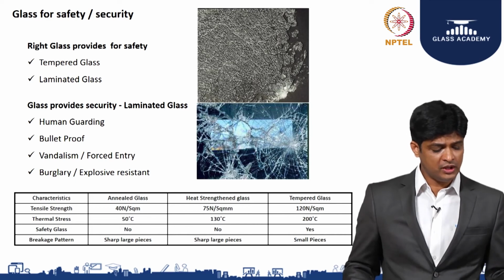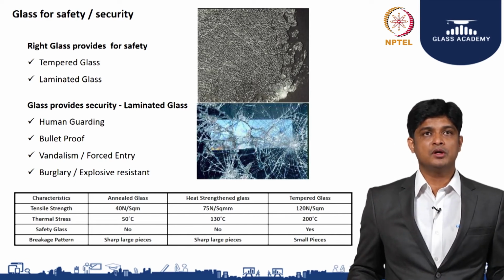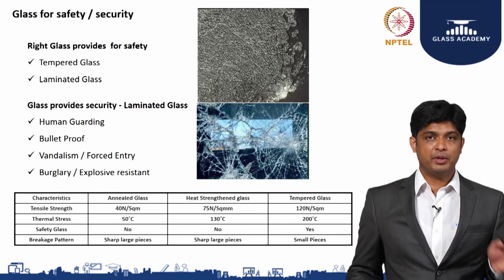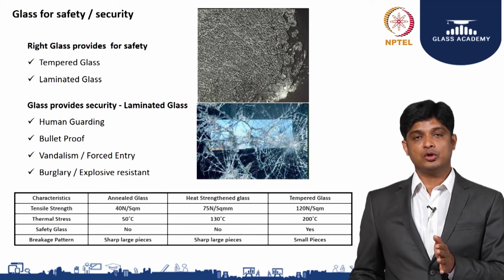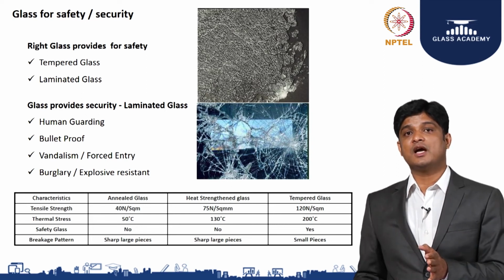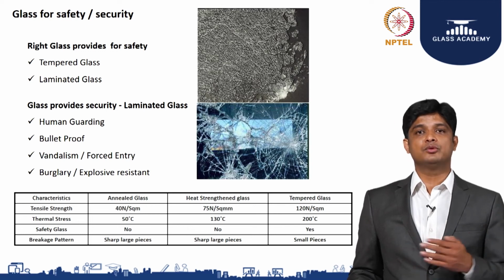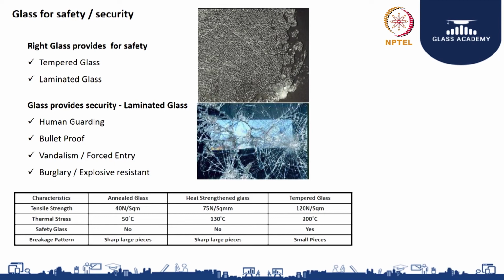In case of a security requirement, we need to understand what kind of security we are looking for, whether it is a simple forced entry, or bulletproof, or explosive resistance. Based on this, there are different products and levels that I want to look at, and the kind of testing it has to pass to meet the requirement, and then I have to use a glass. So there are two different things here. One is safety, another one is security.